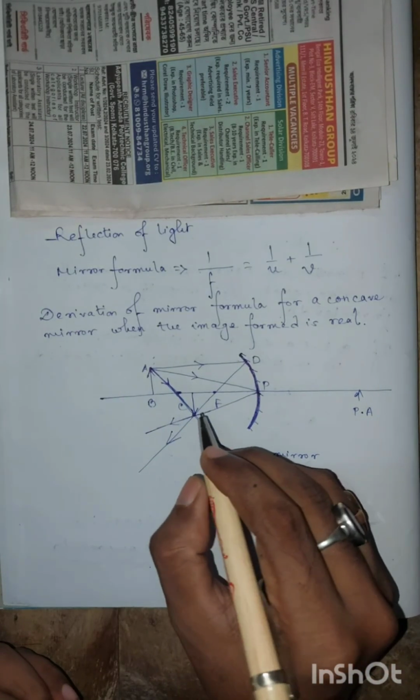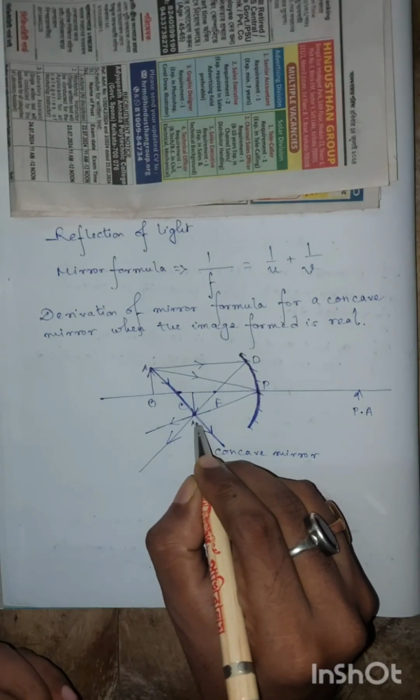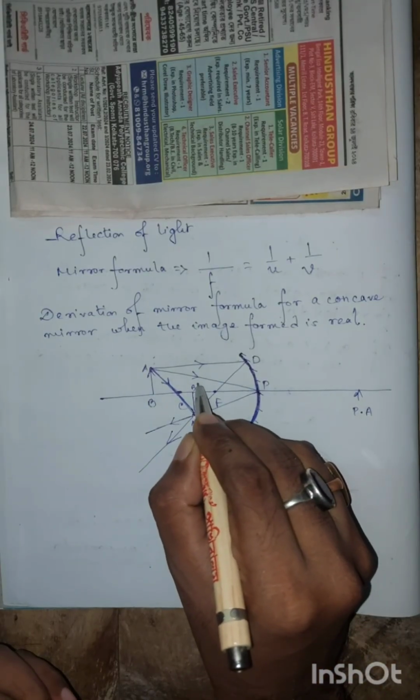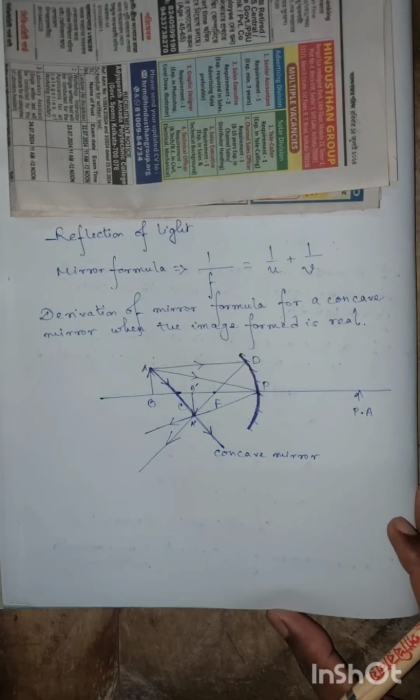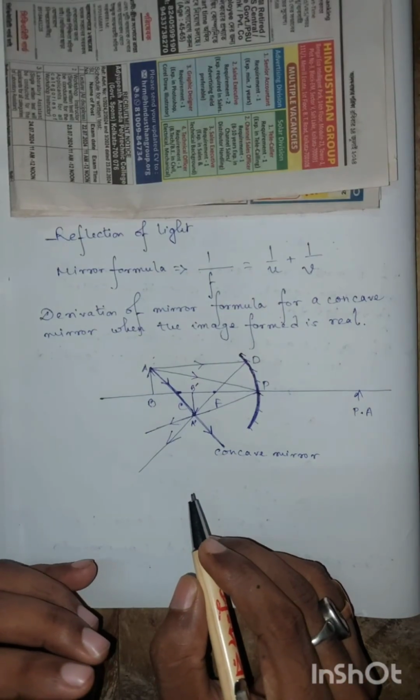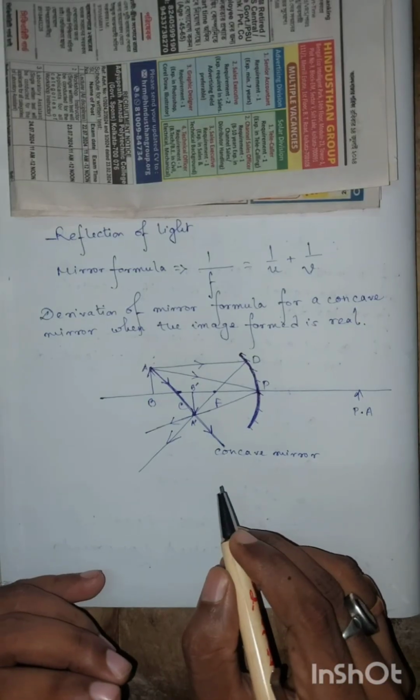The image is A dashed B dashed. Okay, this is our image. Now let us see the focal length.